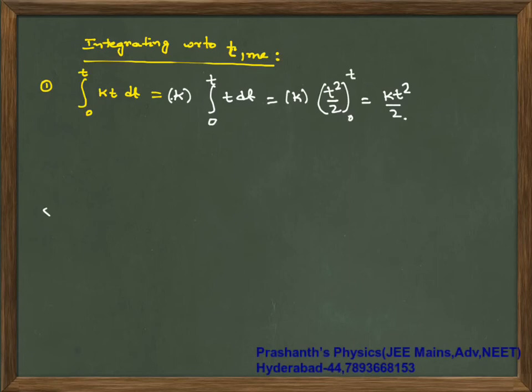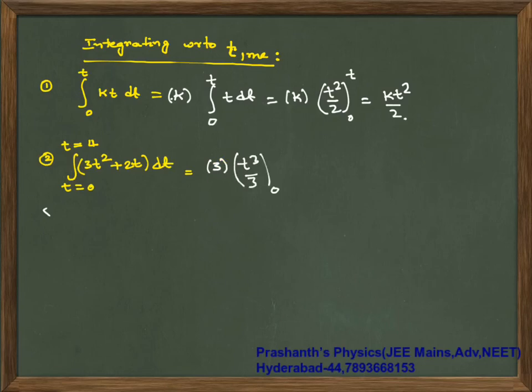Next, second question is integral of 3t square plus 2t into dt from t equal to 0 to t equal to 4. That will give you 3 times t cube by 3 from 0 to 4.